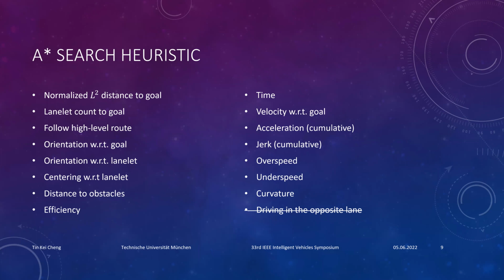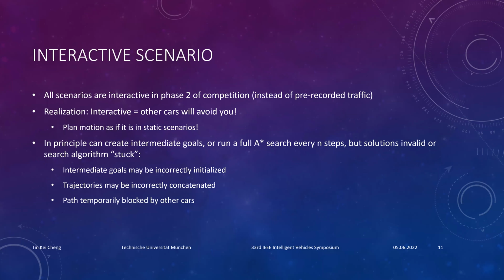So you rerun the A star from your new position. Yes, this is where I did it, but for the submission, I did not enable this one. So I only evaluate the A star once at the very beginning, and that's it. I just follow the path and let the other cars avoid me.